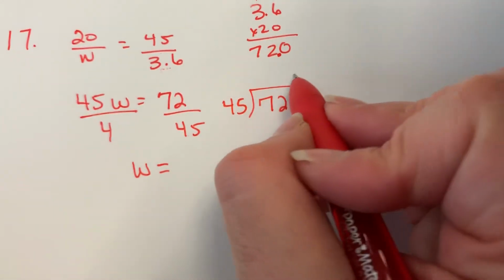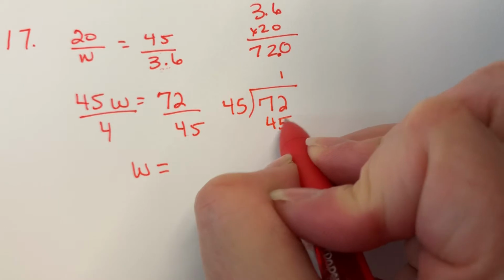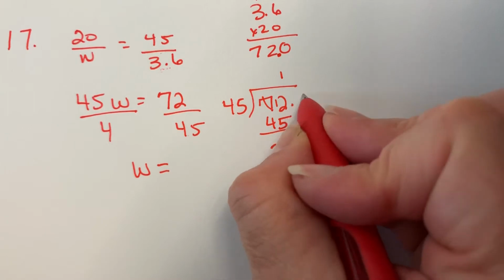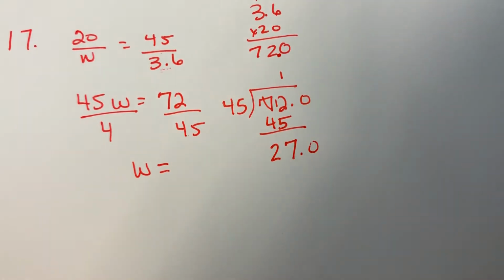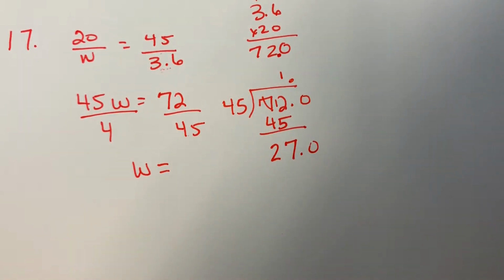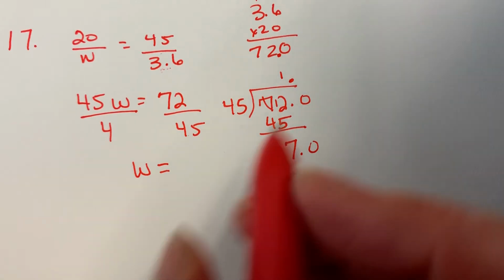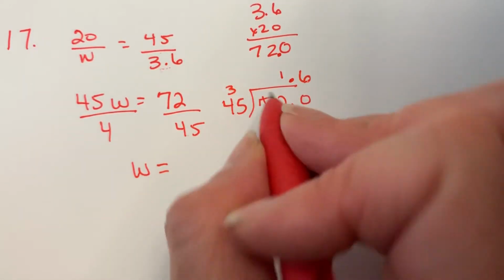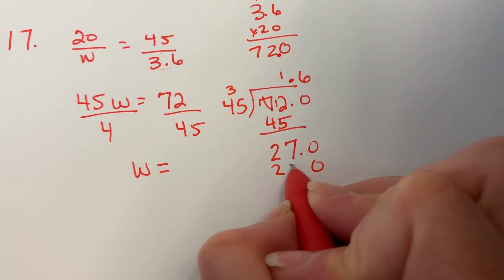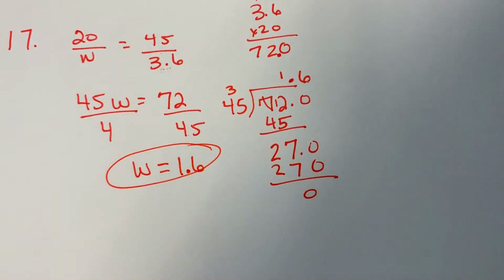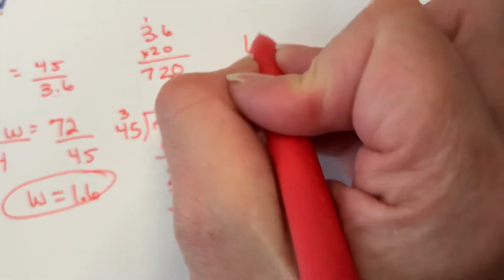So 45 into 72 goes one time. 45 goes into 270, let's see, 6 times. 6 times 5 is 30. 6 times 4 is 24, plus 3 is 27. So W equals 1.6.